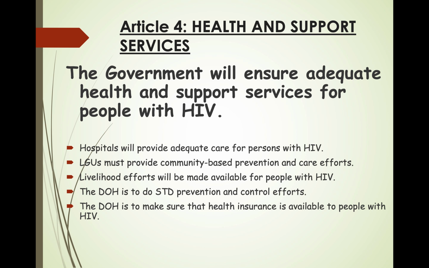Livelihood efforts will also be made available to people with HIV. The DOH needs to have STD prevention and control efforts, whether it is HIV or not. And aside from that, the DOH is also to make sure that health insurance is available to people with HIV.